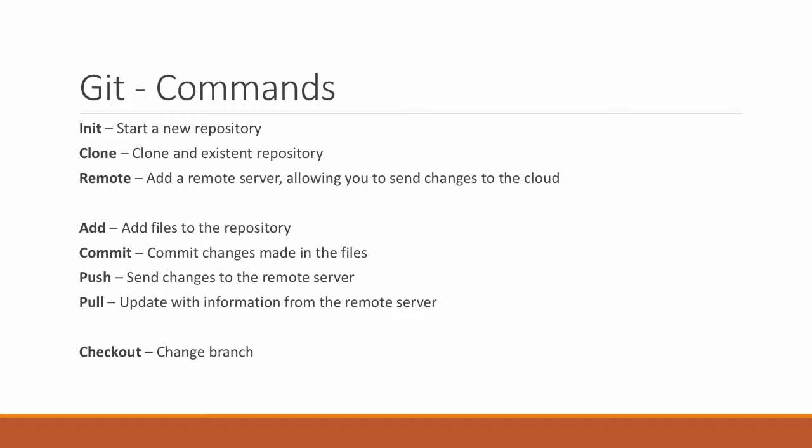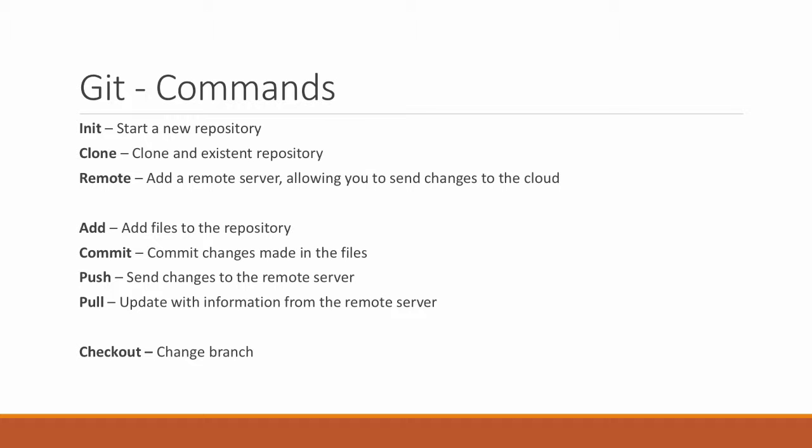So Git keeps track of what changes, but if you want to send this to the server, you have to first commit the data. Then push is when you send the data to the server. You don't have to push every time you commit. You can keep committing, and then once you have a version that you want to send to the server, you can push. And pull is when you want data from the server to download to your current repository.